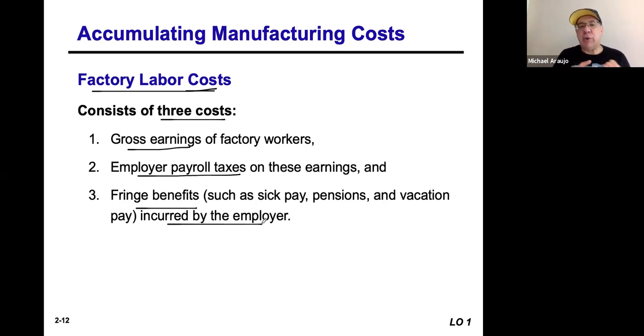Okay, so those are three important costs to look at. Gross earnings, then the payroll tax that we have to match. Remember, you see that your Social Security and your Medicare tax are taken out of your check. What you don't see is the employer matching it. That's their payroll tax. Okay. And then, of course, fringe benefits like sick days or whatnot.